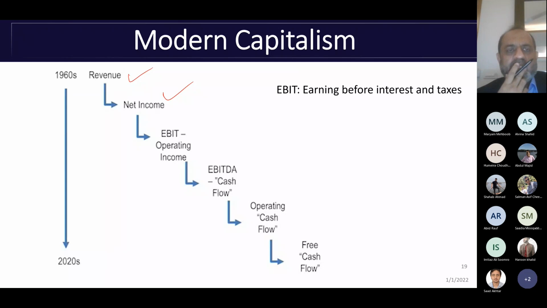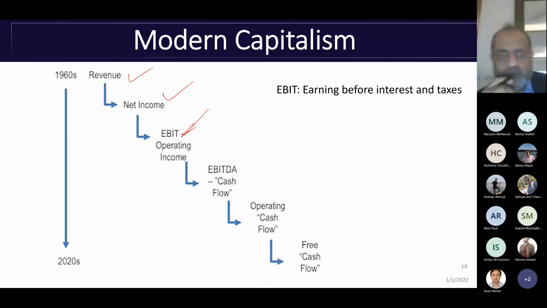And then they said it is revenue minus expenses, the net income, and then there is the EBIT. EBIT is earnings before interest and taxes, and they want to see how effective their operating income is. They say let's not at this point worry about the interest and taxes, and excluding that, let's see how much money the company has made.